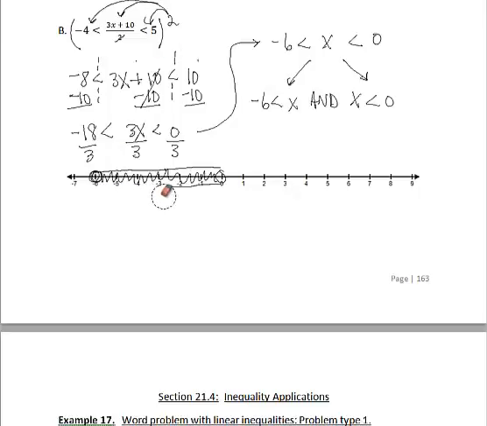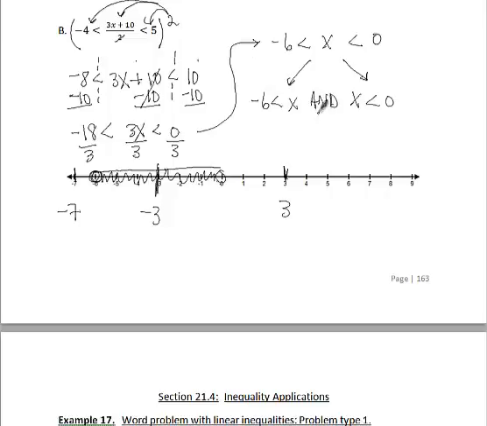Another way to double check yourself is to pick numbers in each of the 3 parts. We have a middle, so if I pick a negative 3, we have a right side, so I could pick a positive 3, and we have a left side, a negative 7.